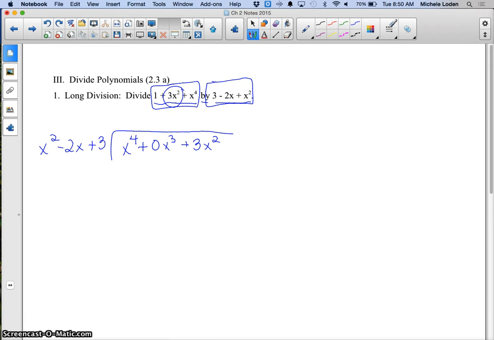There is no x to the first term, so I must put a place marker, plus 0x, and then finally plus 1. So notice that each polynomial is written in descending order, and anywhere there is a skipped term in that descending order, we put a place marker of 0.